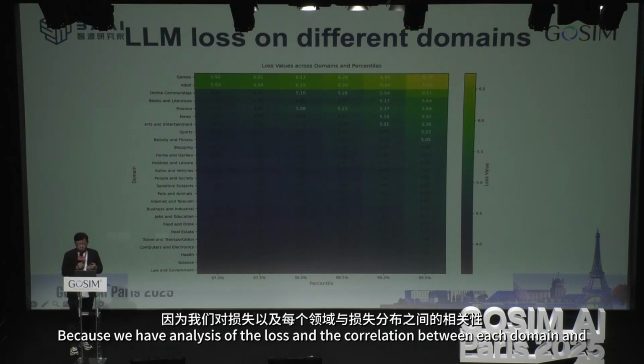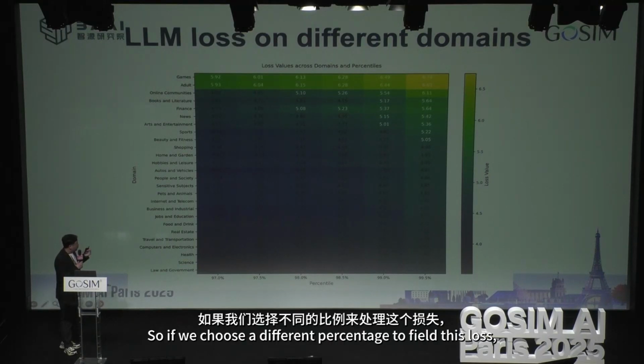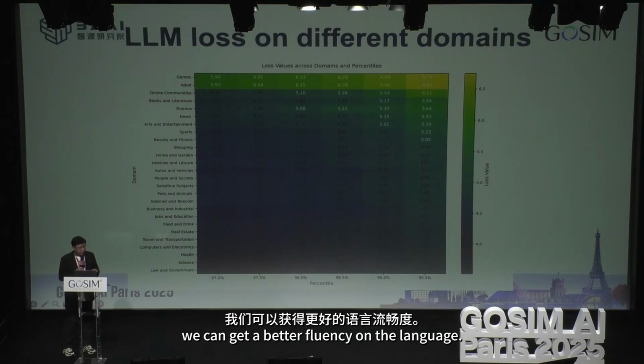Because we have analyzed the loss and the correlation between each domain and the loss distribution, we found that on different domains, the loss has different scales. So if we choose different percentages to filter this noise, we can get better fluency in the language.